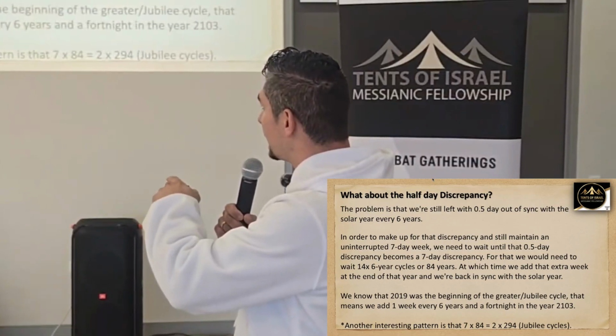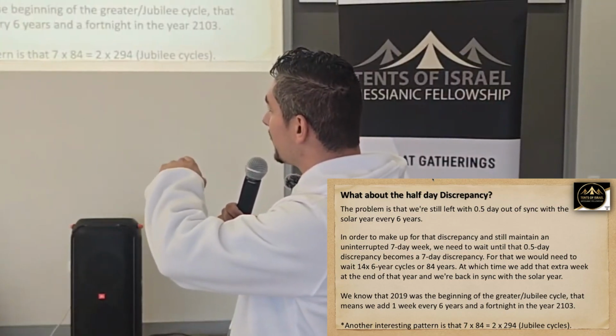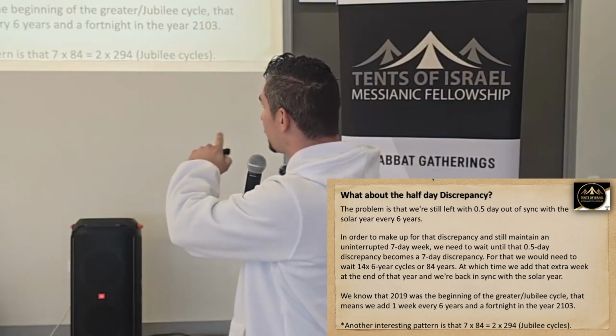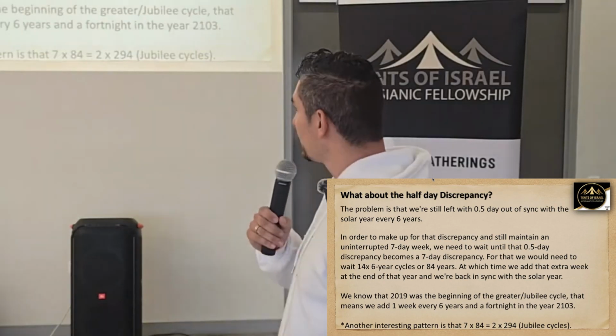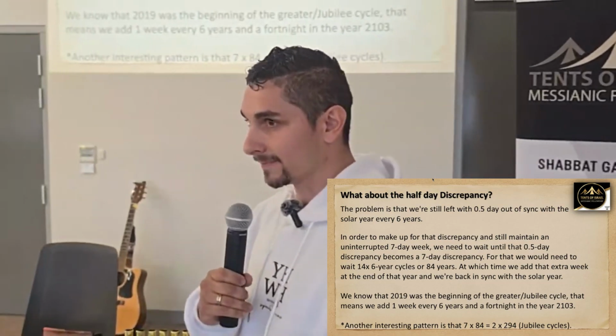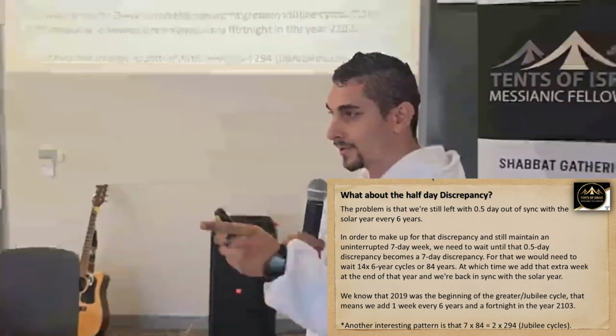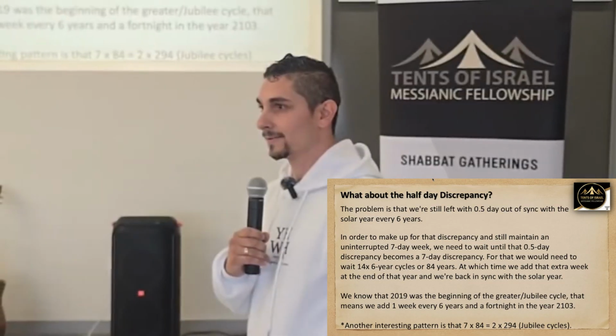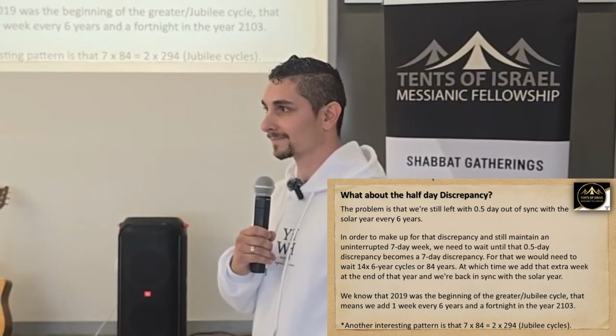Okay. So 2019 was the beginning of that cycle. It means one week every 6 years and a fortnight in the year 2103. That's 84 years from 2019. So in 2103, we would need to add 2 weeks at the end of that year to be back in sync.